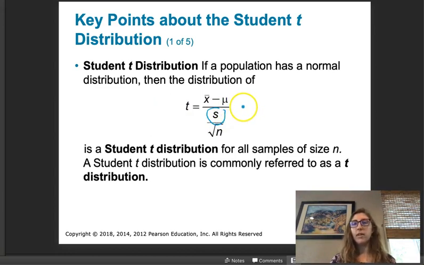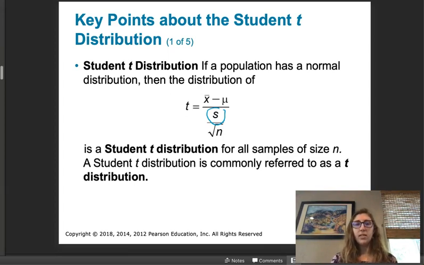And that's the whole difference between our student t distribution and our normal distribution. With normal distributions, we know what our population standard deviation is. With our student t distribution, we do not know what our population standard deviation is, and that causes there to be a little bit of a wider distribution.